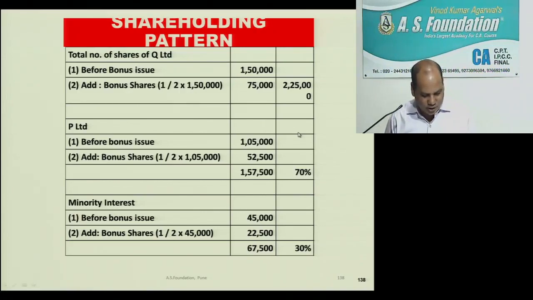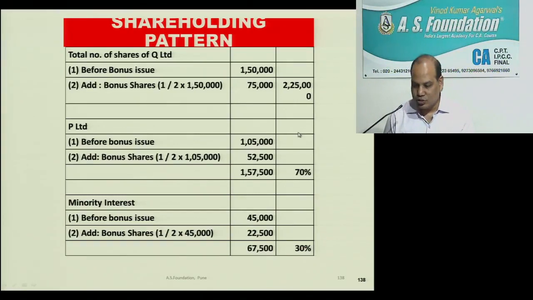Shareholding pattern would be like this. After the bonus share, how would the shareholding pattern change? It won't change, only numbers will change. Percentage will remain the same. Many students in the past have said that percentage will also change. Just to convince those people, we have prepared this working note.